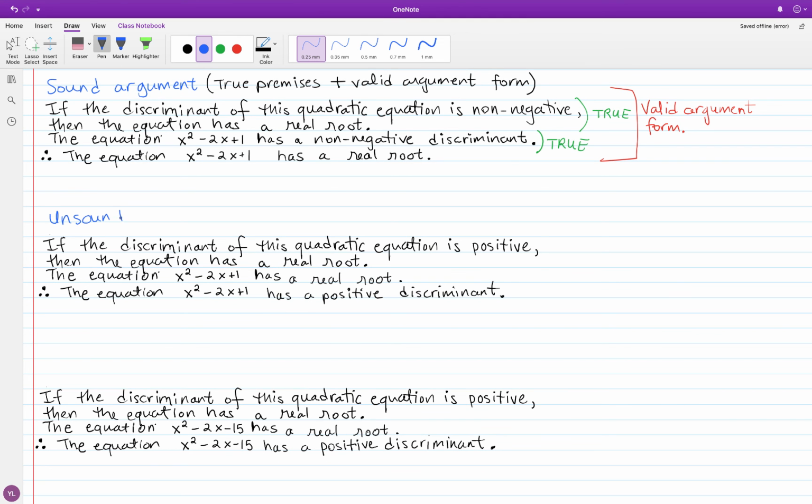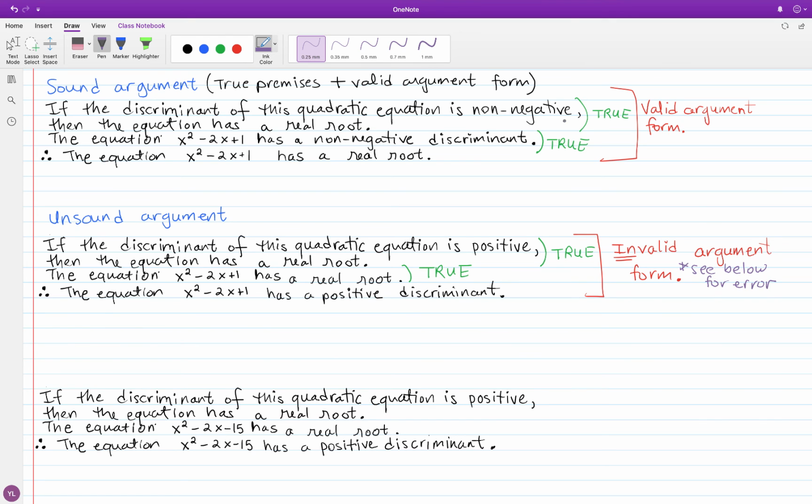Let's take a look now at the kind of arguments we don't want to be making in mathematics, that is unsound arguments. So here, positive means not negative and not zero. So it is true that if a quadratic equation has a positive discriminant, it definitely has a real root. And it is true that that equation, x squared minus 2x plus 1, has a real root. So I've got two true premises, but the conclusion that x squared minus 2x plus 1 has a positive discriminant is not true.